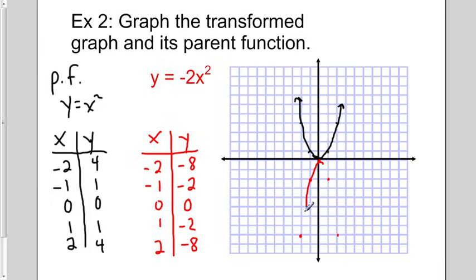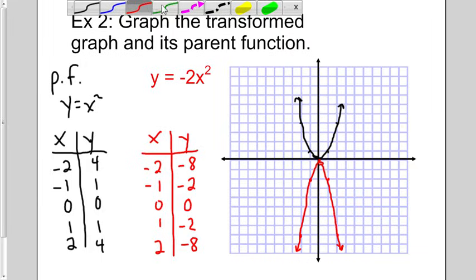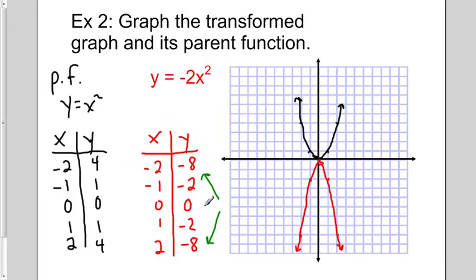We can just graph this beautiful function. And so what happens here is the x's don't change, but the y's do. All of the values in this right side of the table here are multiplied by -2.